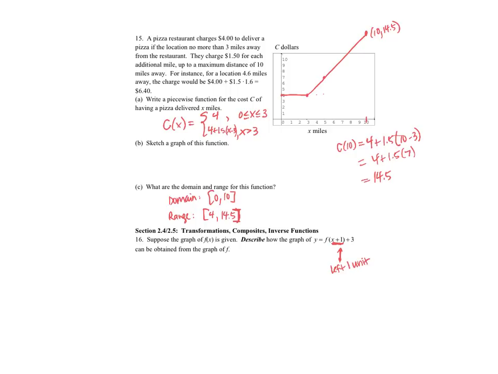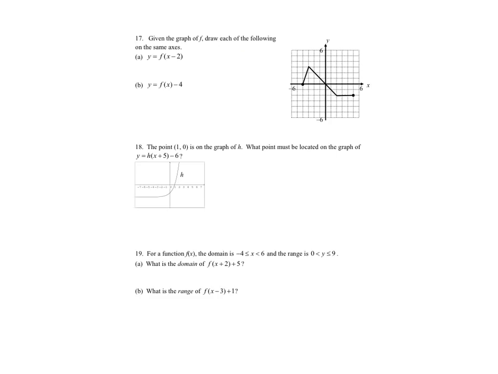And if I have a plus 3 on the outside, that's going to move up and down. Since I have a positive 3, it's going to move up 3 units. So it would be obtained by shifting the graph left 1 unit and up 3 units.